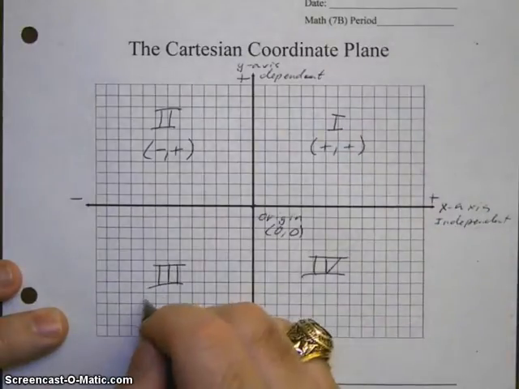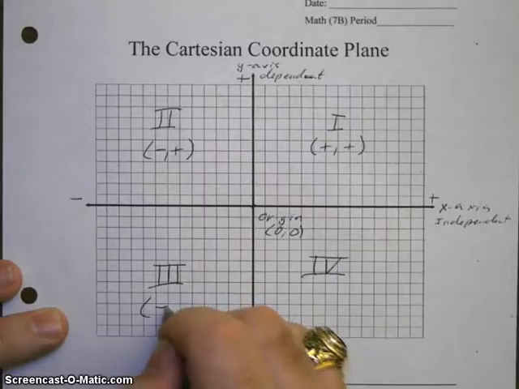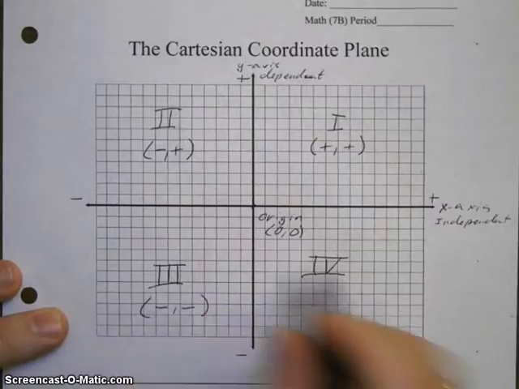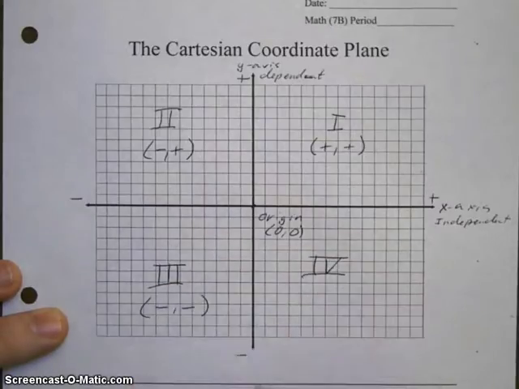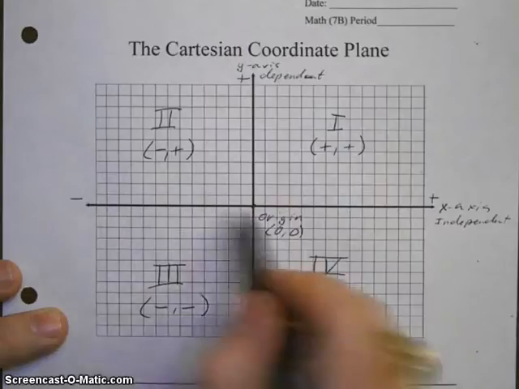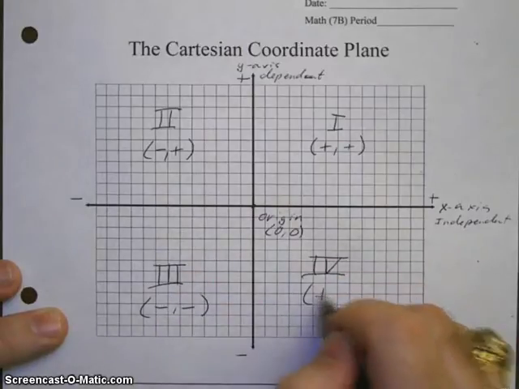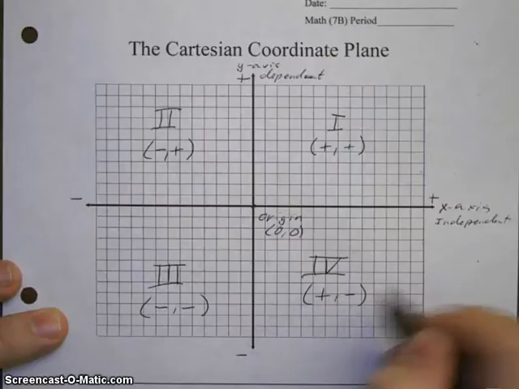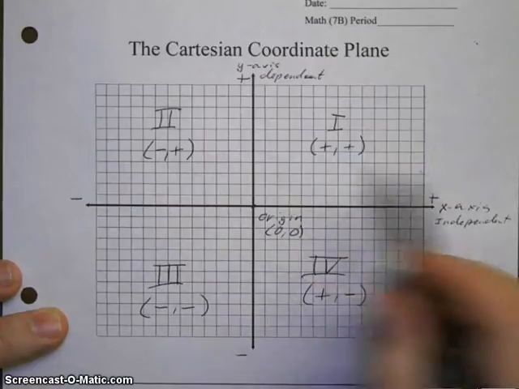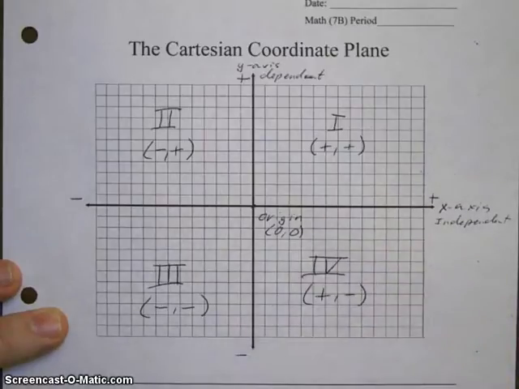Quadrant 3 is the negative quadrant because the x and y values are all negative. And quadrant 4 is the positive-negative quadrant because the x values are positive and the y values are negative.